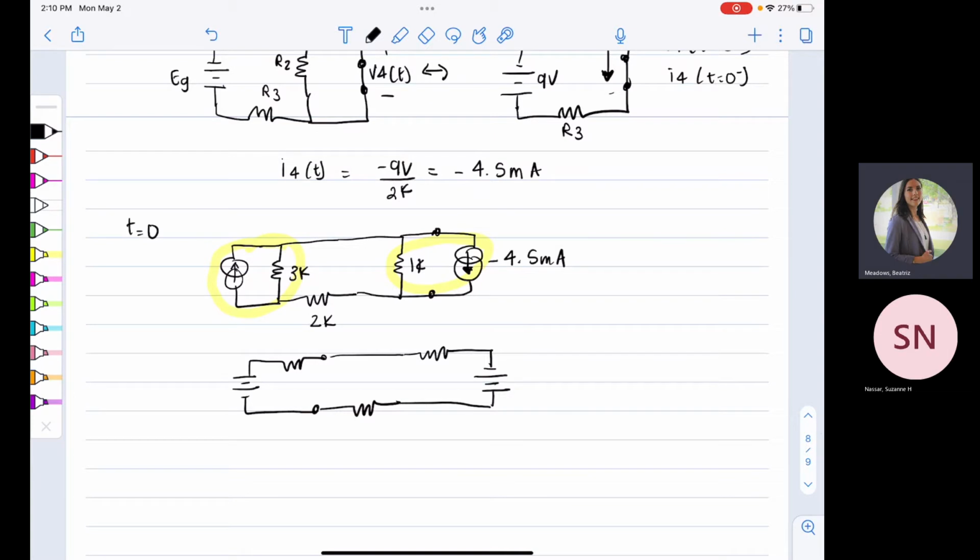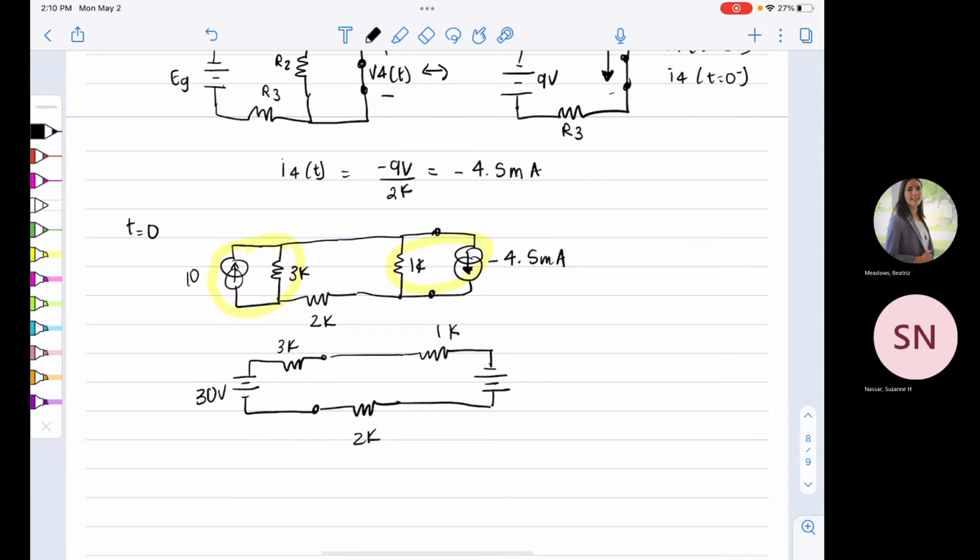Okay, so let me put some values. So this guy was 3K, 2K, 1K. And this guy was 10 before, so now our voltage is 10 times 3, which is 30, right? And then this guy is negative 4.5 volts.